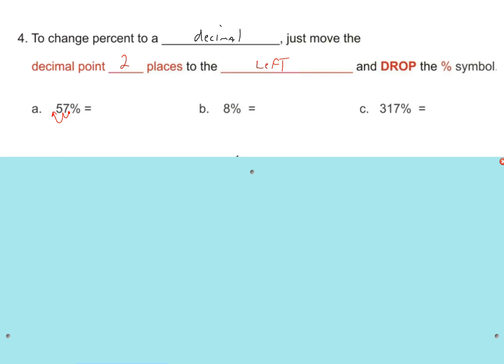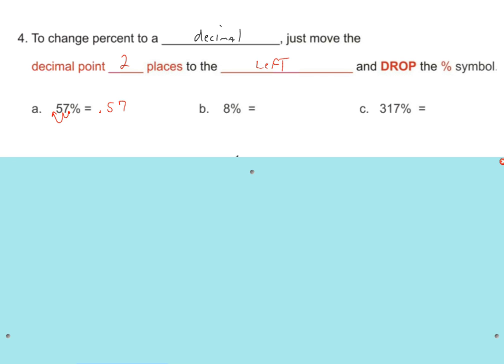I end up with the number 0.57. Again, I've really divided this number by 100. This is just a shortcut of moving the decimal point. So again, the percent symbol is gone because I've divided it by 100. I've converted it to a decimal. So 0.57, I don't care how you do that.